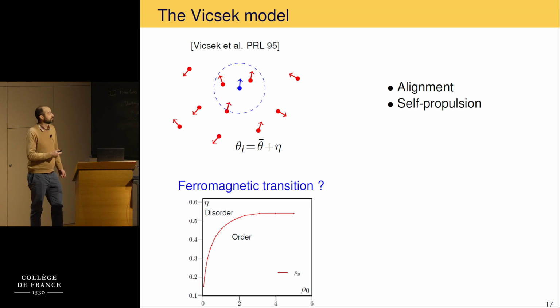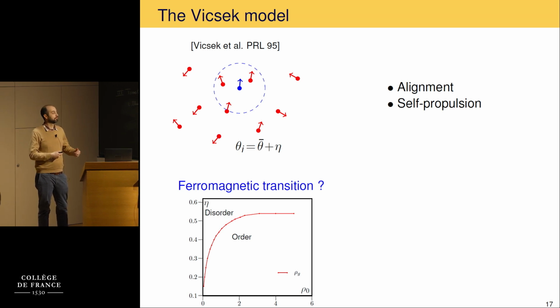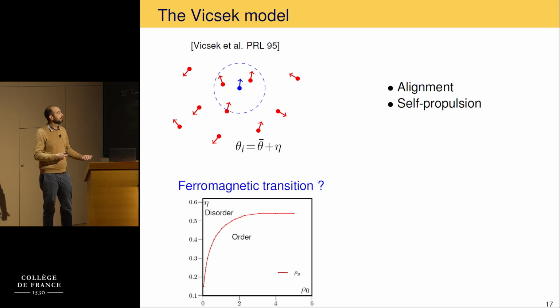So for a long time, actually, in the paper by Vicsek and collaborators, they described the transition between the disordered and ordered state as a ferromagnetic order-disorder transition, and they saw a continuous transition. So this phase diagram.